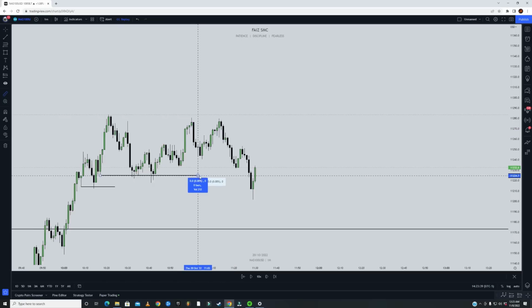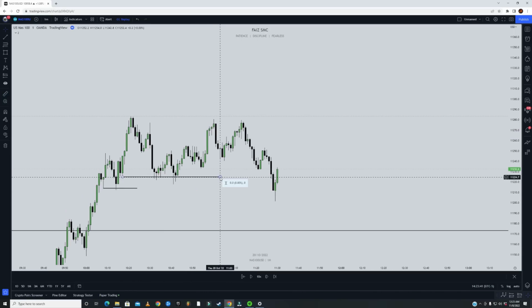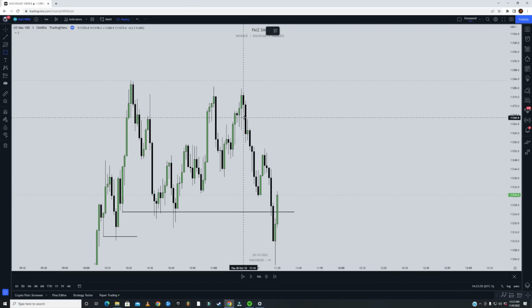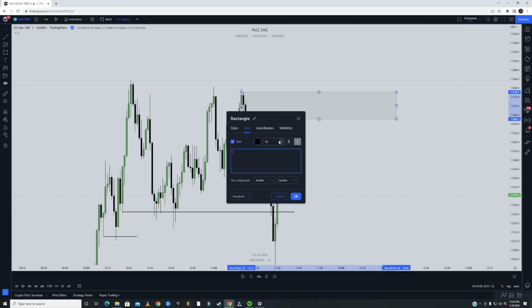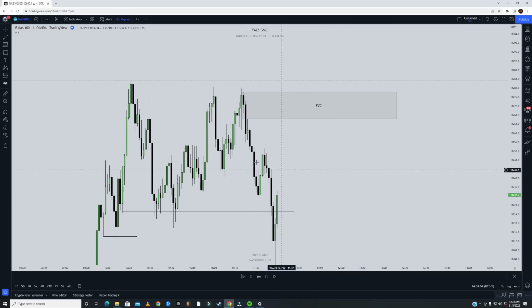Okay, so we finally broke some structure, which is right around here, right? You can see this low, right? So now the extreme fair value gap is around here, as you can see. So I'm gonna mark this out. Fair value gap. There you go.